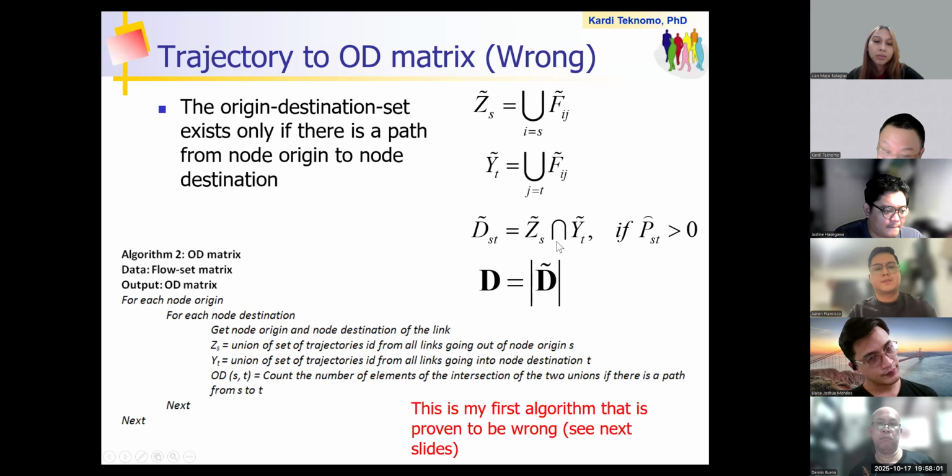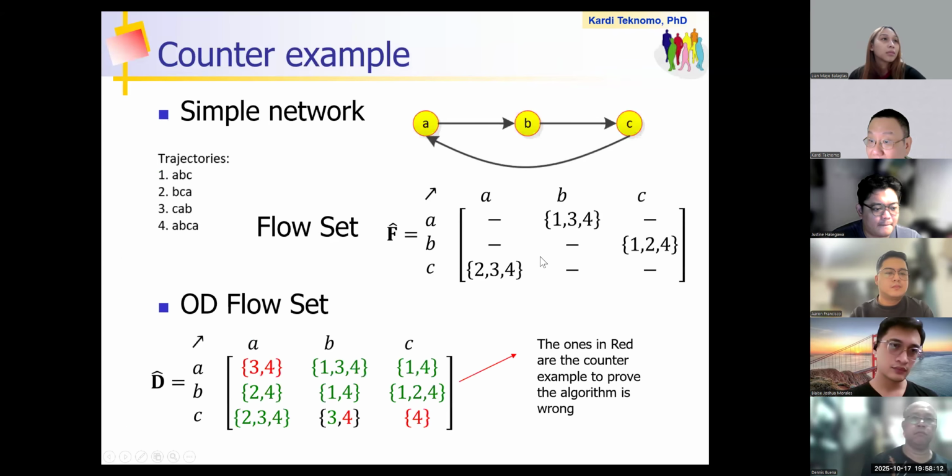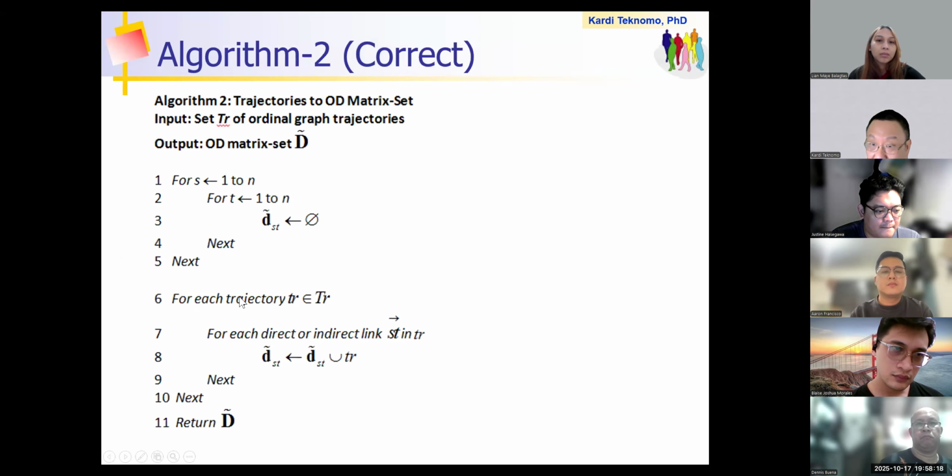Because an intersection is actually two-way, but our way of doing it is actually one way, from O to T. That makes it wrong. This is the counterexample showing why this is wrong here. Anyway, this is the corrected algorithm eventually. So when you create an algorithm, it's not just simple. We need to make a lot of counterexamples, and eventually you get the correct one.